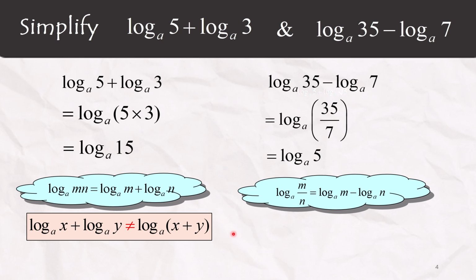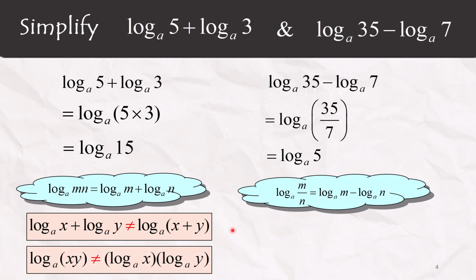So the first common mistake that students usually make is by combining this. They simply take the log function like an alphabet and factorize out the log function, which is strictly no. The second mistake is for the first law, the product law.